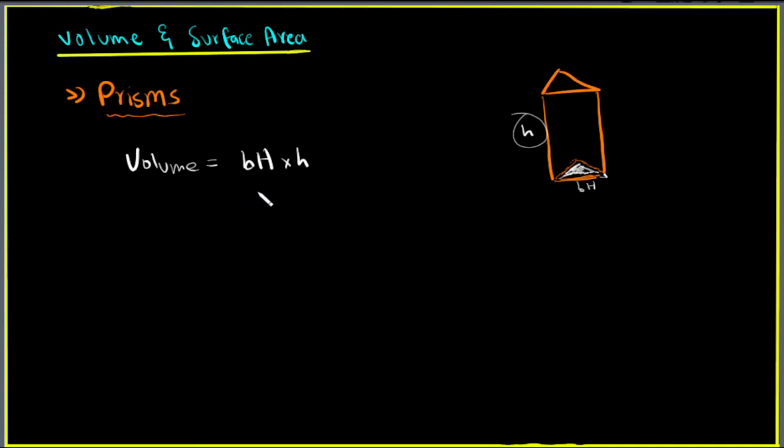I'm not writing the exact formula, because the formula for a triangle exists in various different forms. For example, the formula for a triangle like this would be 1 over 2 base times height. And the formula for a triangle like this would again be 1 over 2 base times height.